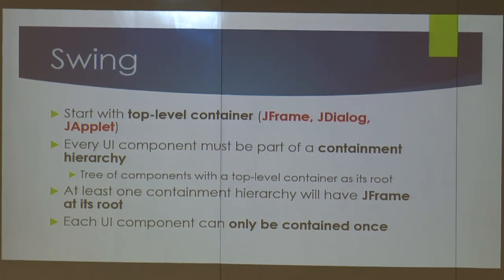No matter what type of GUI it is or what aspect you're working on, at least one element of your containment hierarchy has to have JFrame as its root. And each UI component can only be contained once. So if you already put a button on your dialog box, you can't also put your button on a different box or on the frame in general. It can only be contained once.